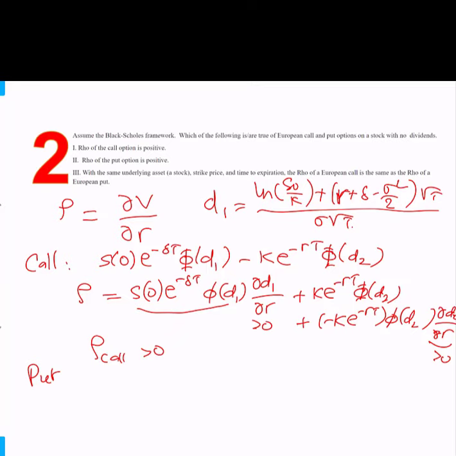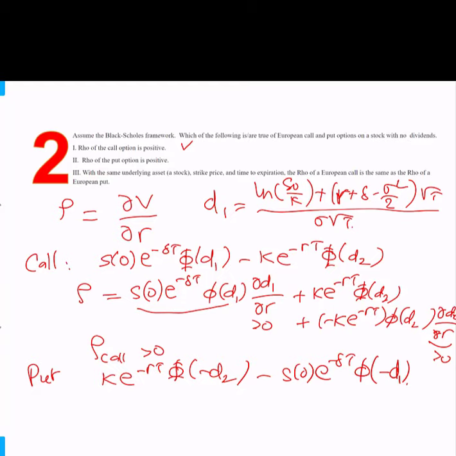And do similar for the put option. For the put option, you're going to see it's the flip side a lot, because basically it's K e to the minus rt phi minus d2. For the put option, this is the price of it. So first of all, one is correct, okay? And for the put option, minus S0 e to the minus delta t phi of minus d1.